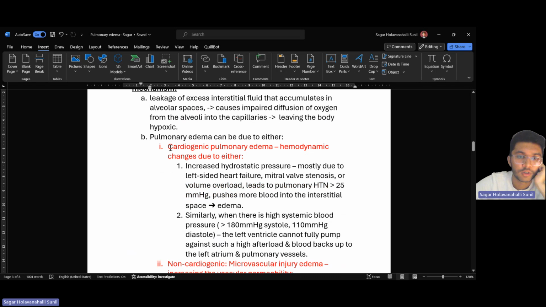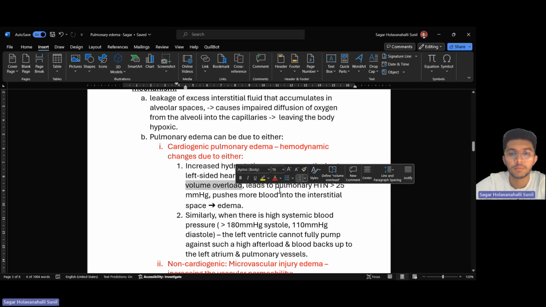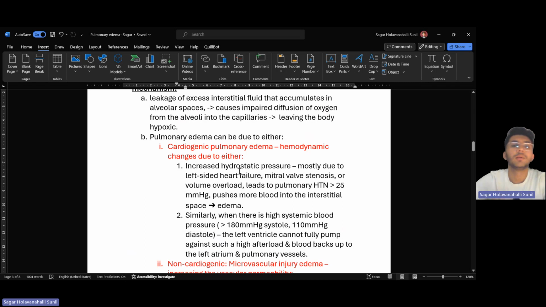Now, when we talk about the cardiogenic causes, we spoke about left-sided heart failure, mitral valve stenosis. We can also speak about volume overload and pulmonary hypertension. Essentially, when there's increased hydrostatic pressure within the capillary itself, the fluid will be forced to go out of the capillary and into the septa. And then if it still gets loaded, then it goes into the alveolar space.